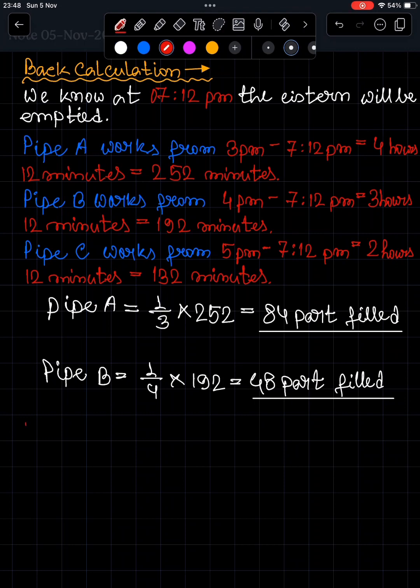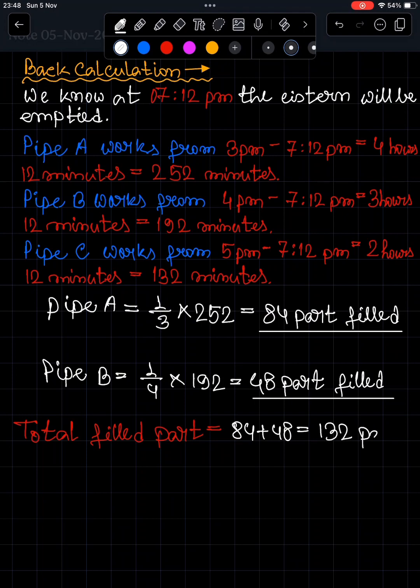Okay. Now pipe B. The capacity of pipe B is 1/4. Total time is 192. So 1/4 into 192 equals to 48 part is filled up by pipe B. And total filled part of the cistern is 84 plus 48, because pipe C is not filling up the tank, only pipe A and pipe B are.